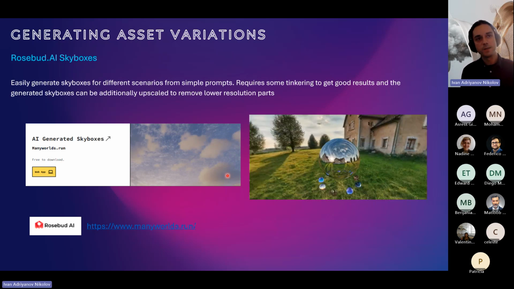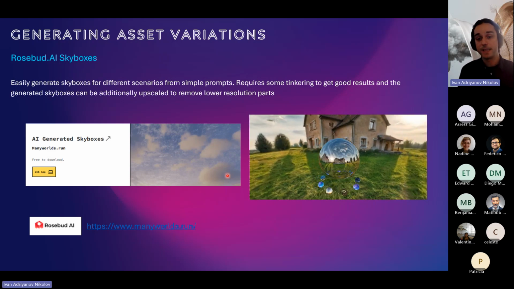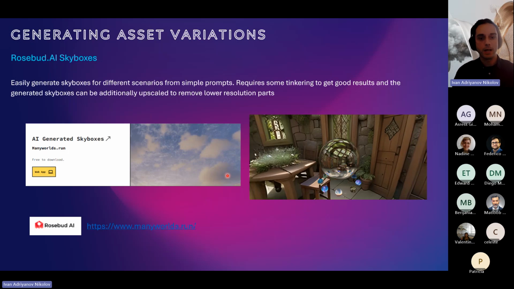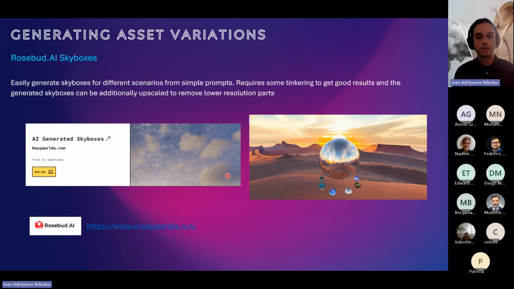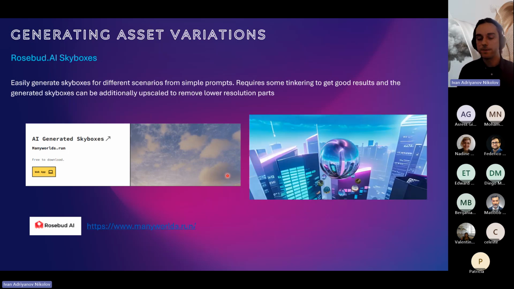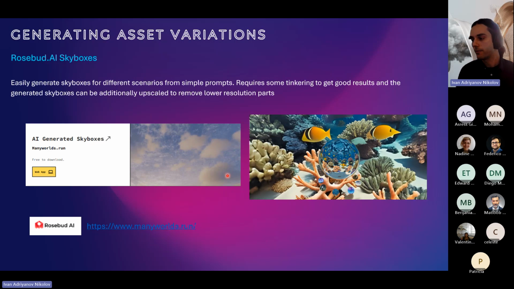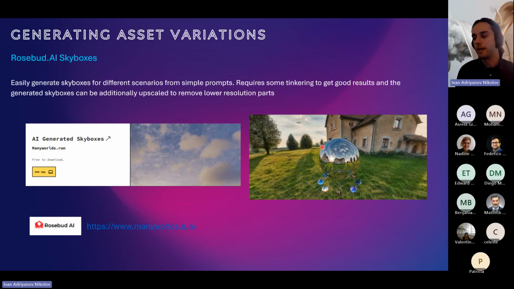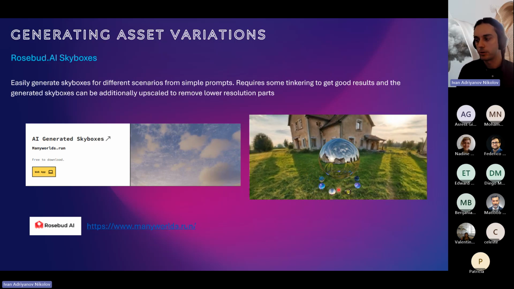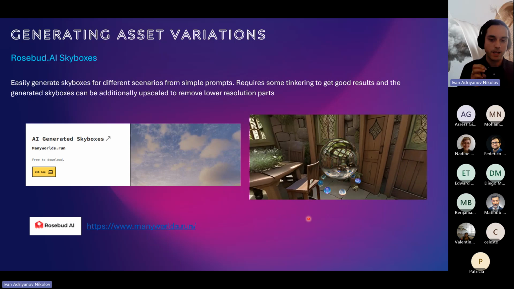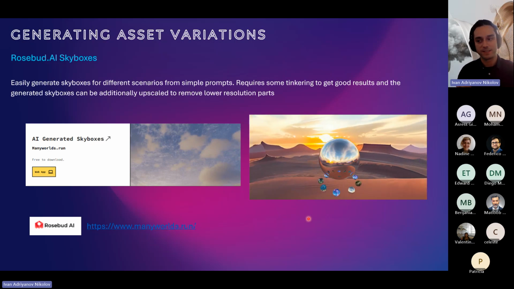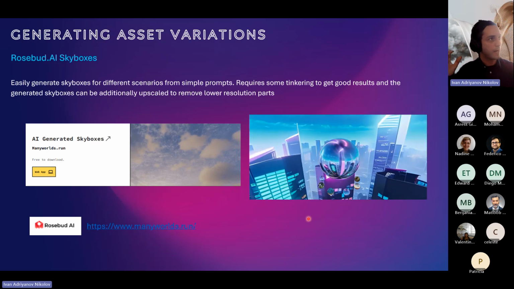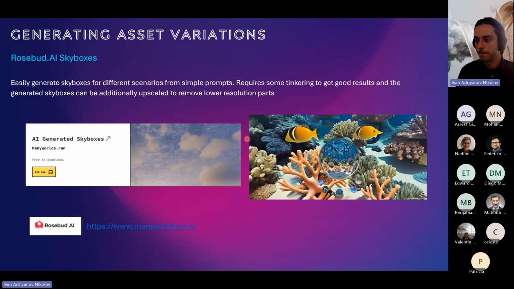But for simpler versions of, let's say, different types of cloudy skies, sunny skies, and so on, they give a very nice variation. Of course, you can go very crazy with them, make some sci-fi stuff, underwater stuff, but those have a lot of artifacts, and I would advise against it. But for normal skyboxes, they're very nice.